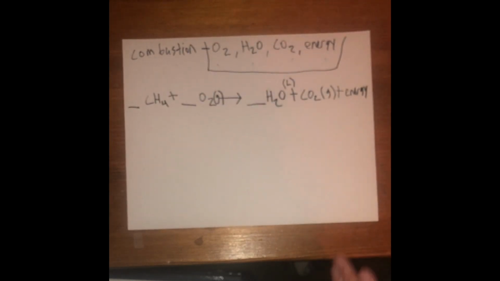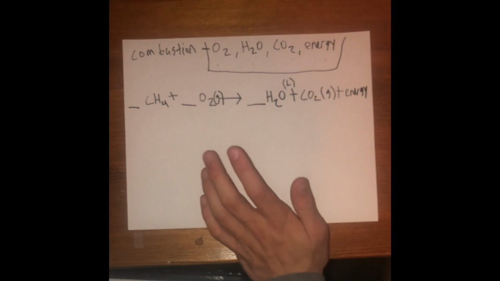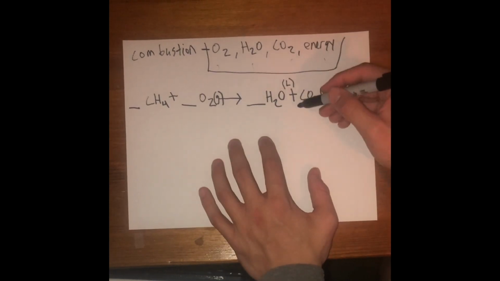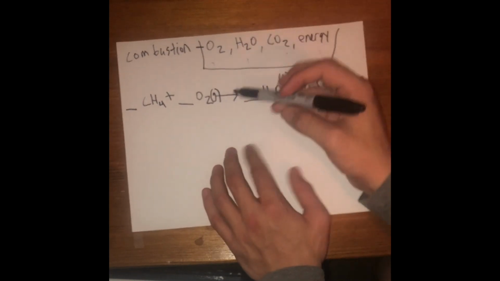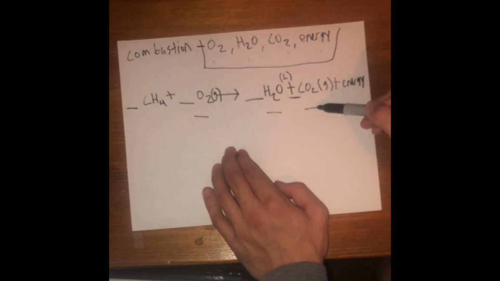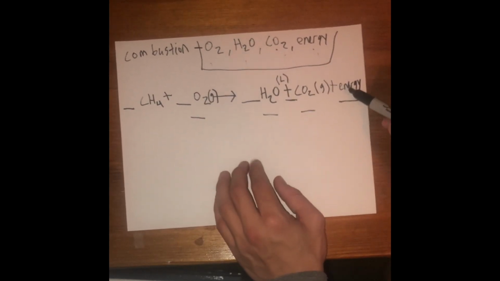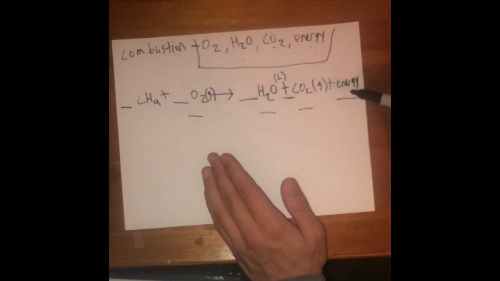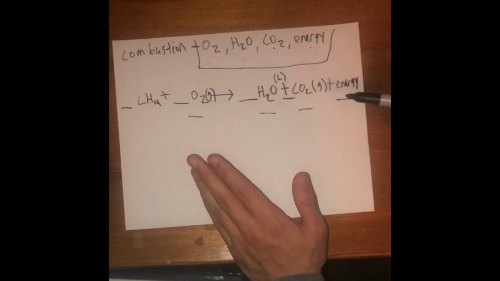So now we have everything in this equation to solve it as a combustion. We have our O2, which is here, our H2O, which is here, CO2, which is here, and then energy, which is here. But specifically, this is thermal energy because the bond is basically lighting a piece of wood on fire.